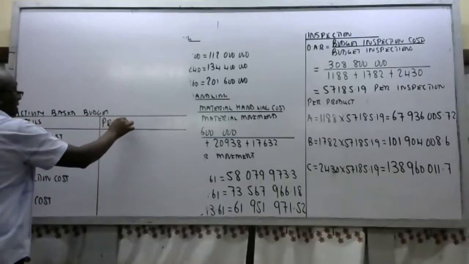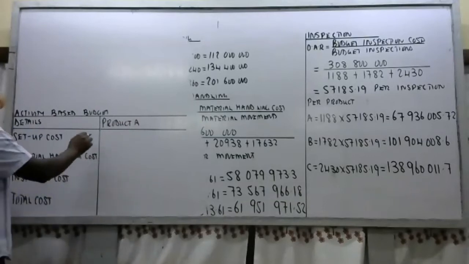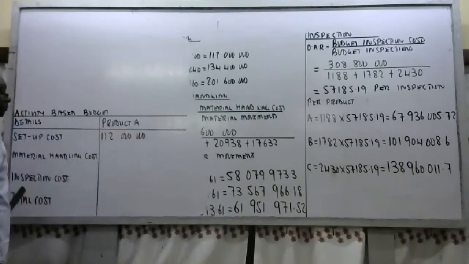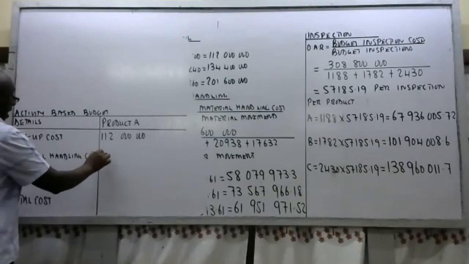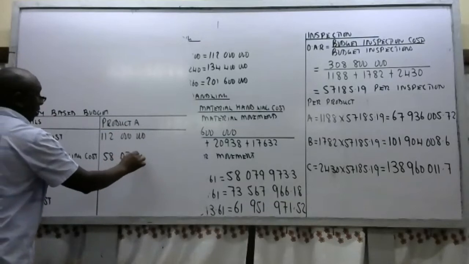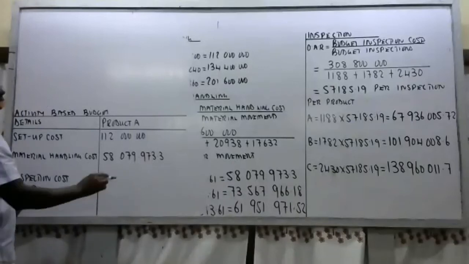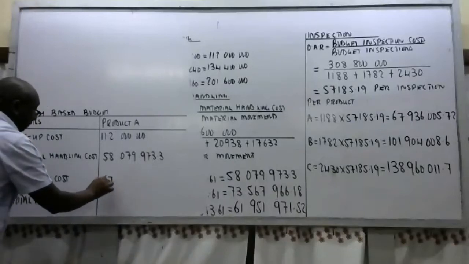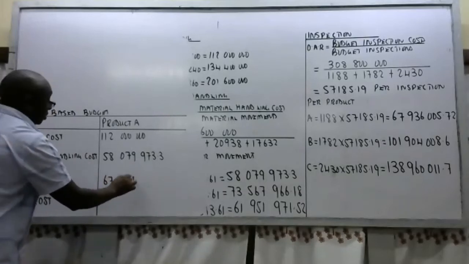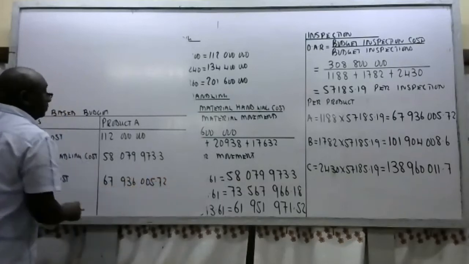So we have product A. Product A in setup has 112 million. In handling, it has 58,079,973.3. In inspection it has 67,936,005.72.